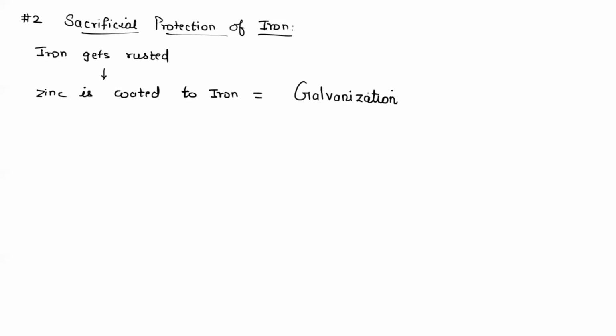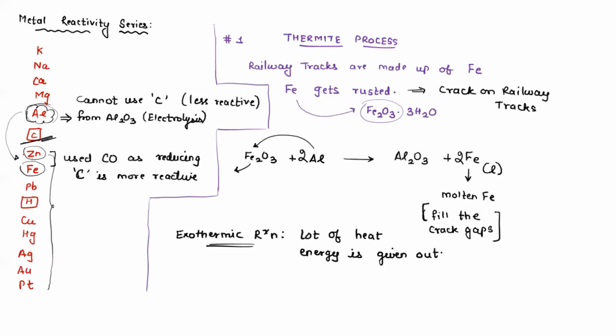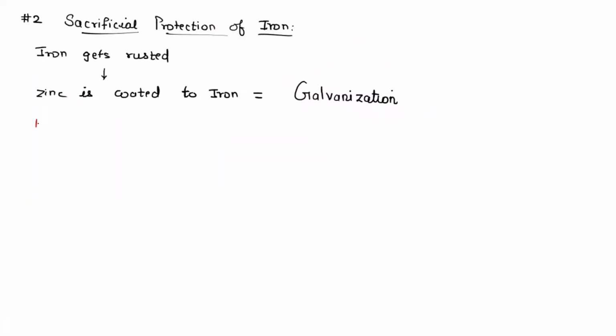So suppose this is my iron nail, and I want to prevent it from rusting. I will coat it with the help of zinc. Now, how will it prevent rusting? If you look at the reactivity series, zinc is more reactive than iron.